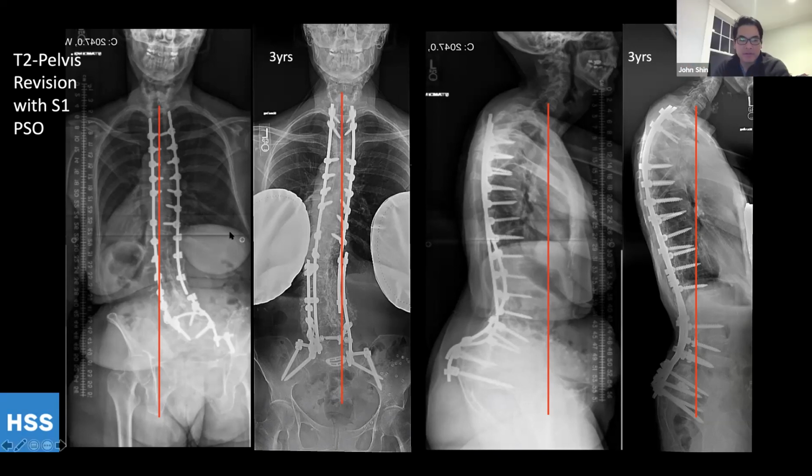Hey, Hanjo, that's a great result. I've got a question for you with the low lumbar and also the S1 PSO. What are your thoughts about doing arthrodesis across the sacroiliac joint, because of not having so many fixation points, whether it's with these devices or whatnot?